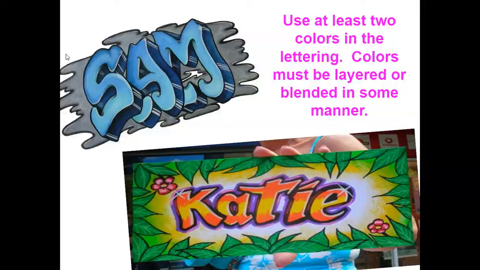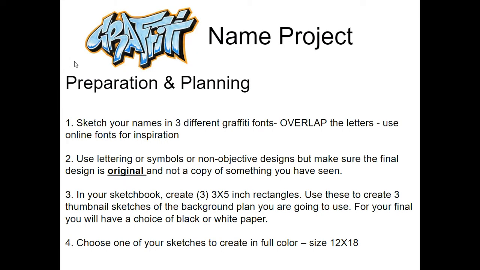Your first part of this is to find some different ones that you might like. If we were in class, I would be having you sketch 3 different ones. I'm not going to keep you accountable to that and make you turn it in. It's just always a good practice to give yourself different options.